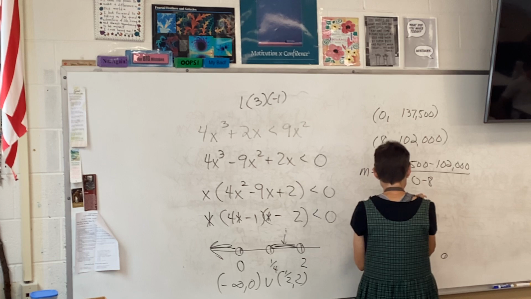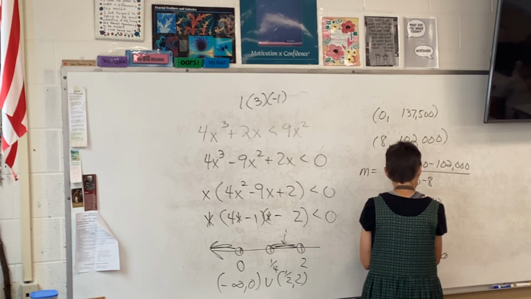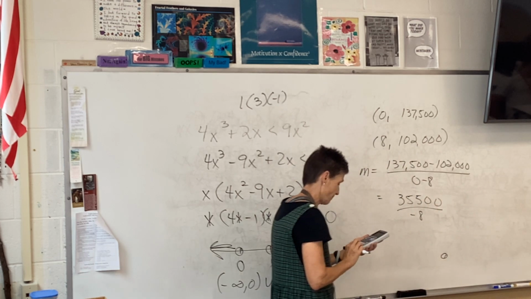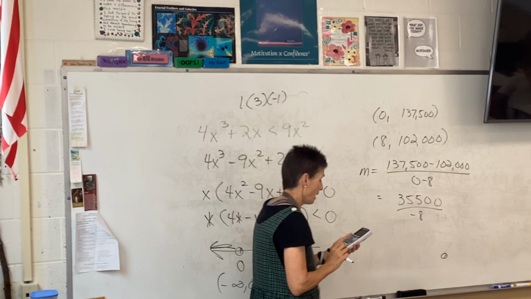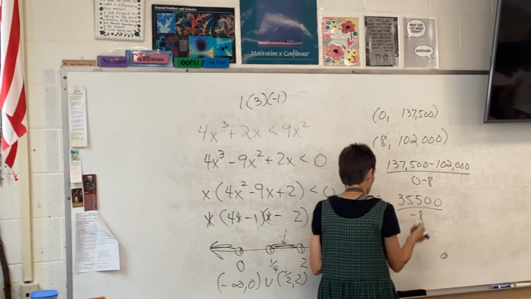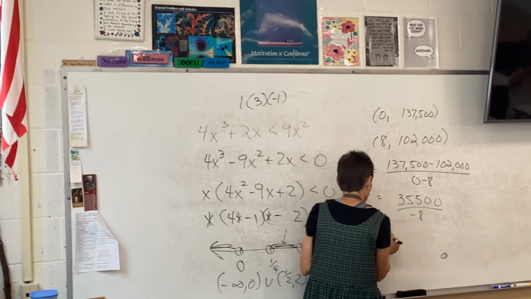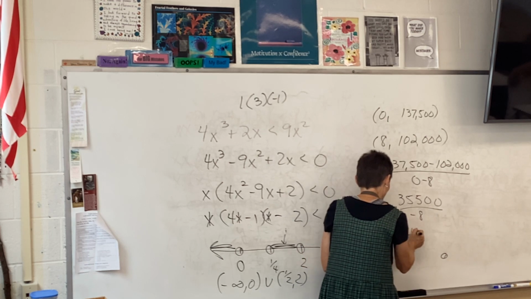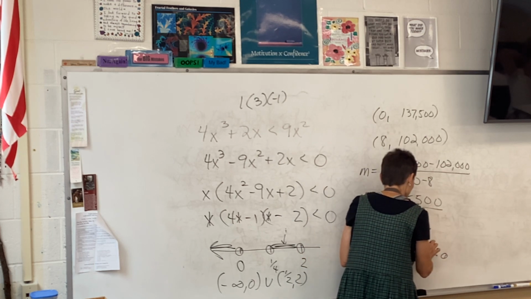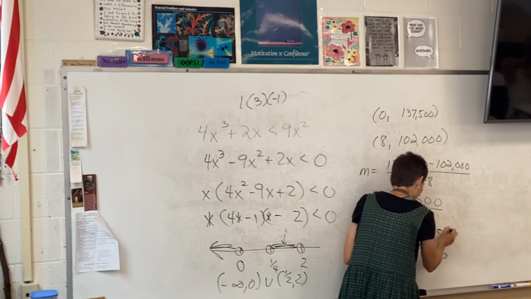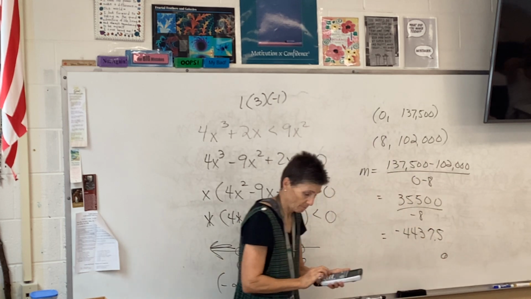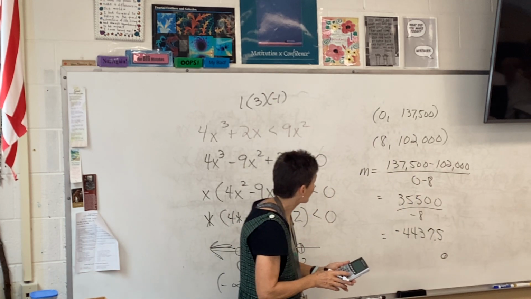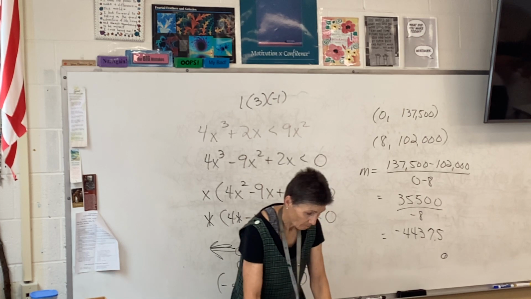The value's going down. If you want, you can reduce that fraction, or you can just leave it as negative 4437.5. Does that look okay?